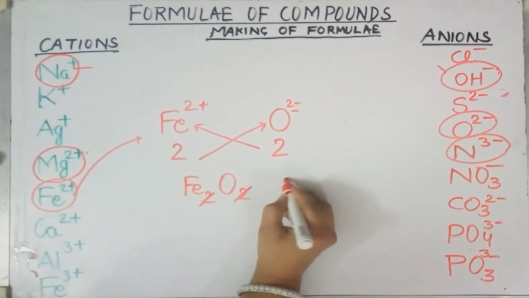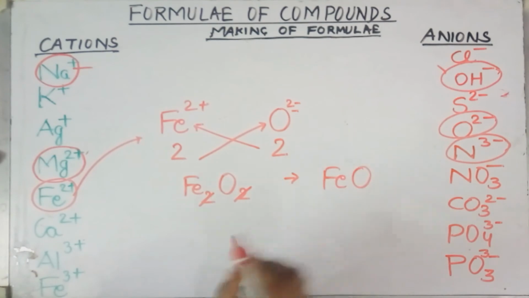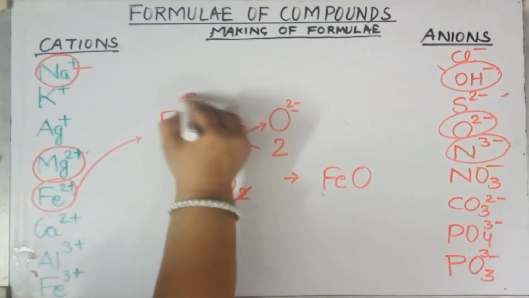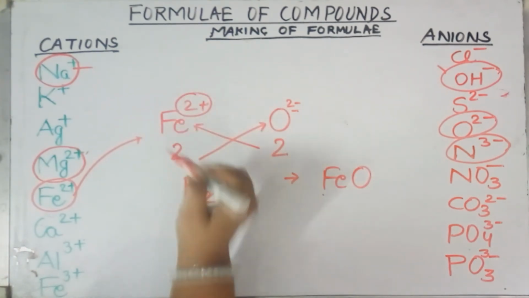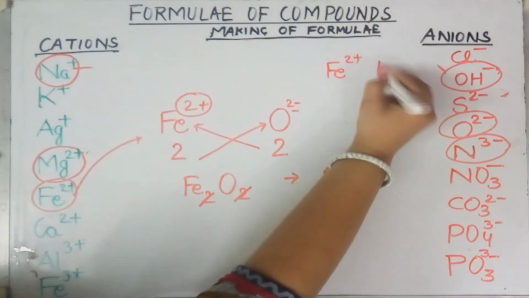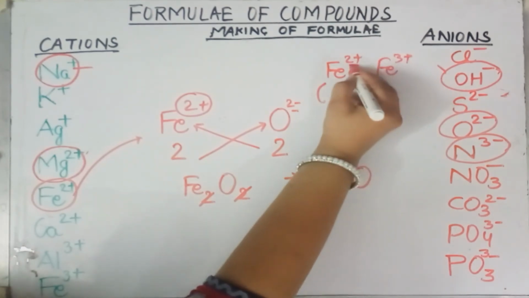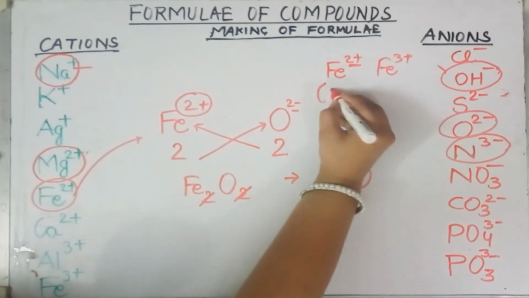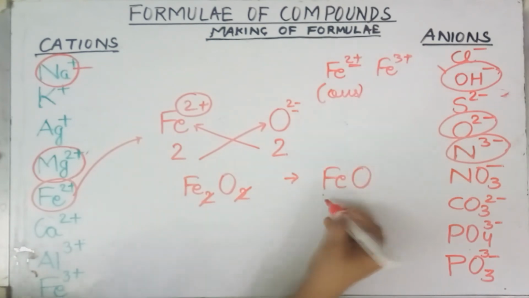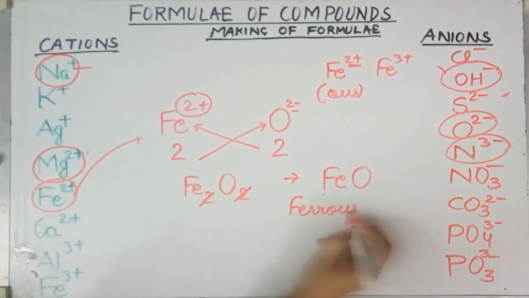These will be cancelled out, and the formula becomes FeO, and the compound will be Fe 2 plus. As we have already discussed, iron shows 2 valencies, Fe 2 plus and Fe 3 plus, and the lower valency is shown by this. 2 is the lower, so it will be ferrous. So the compound formed here is ferrous oxide.